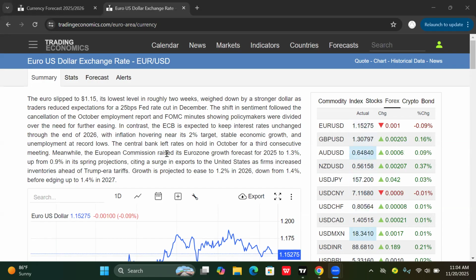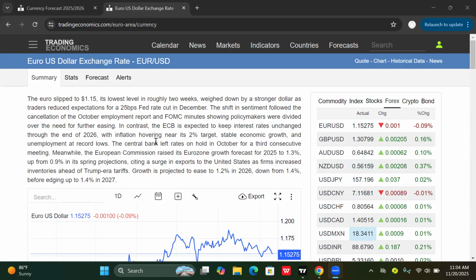Meanwhile, the European Commission raised Eurozone growth forecast for 2025 to 1.3%, up from 0.9% in its spring projection, citing a surge in exports to the United States as firms increase inventories ahead of Trump-era tariffs. Growth is projected to ease to 1.2% in 2026, down from 1.4%, before edging up to 1.4% in 2027.